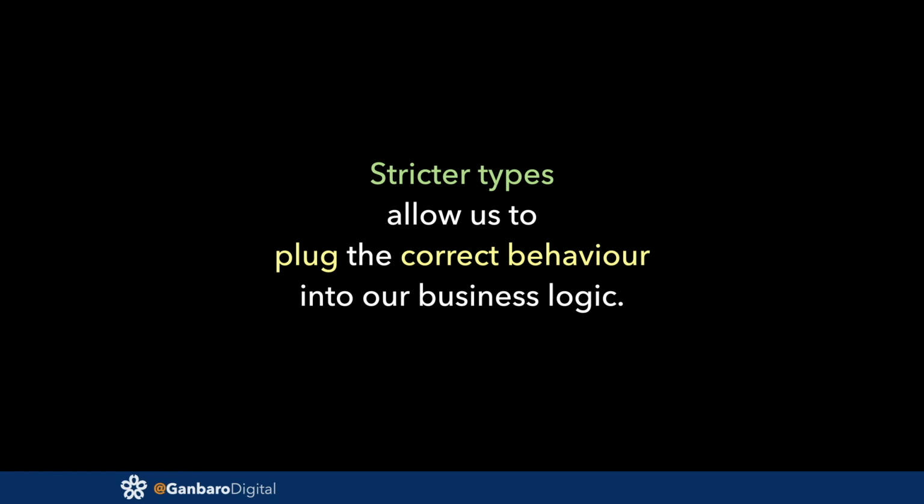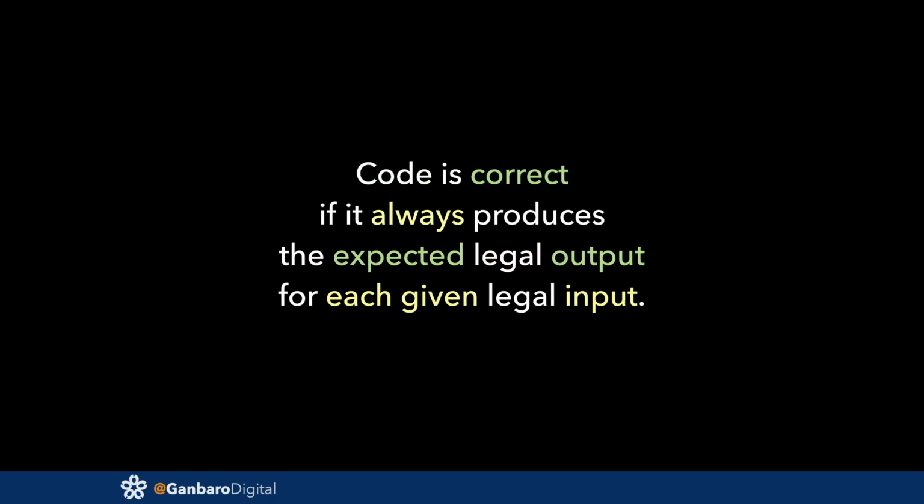Now, I keep talking about correctness, so let's give a definition to finish up on that. Code is correct if, for one given legal input, it always produces the same legal output. That's correctness. That's all correctness means. Good value in, you get the right value out each and every time.